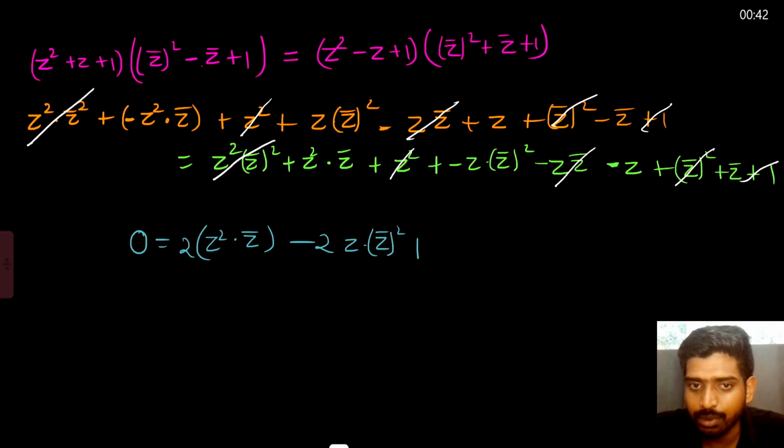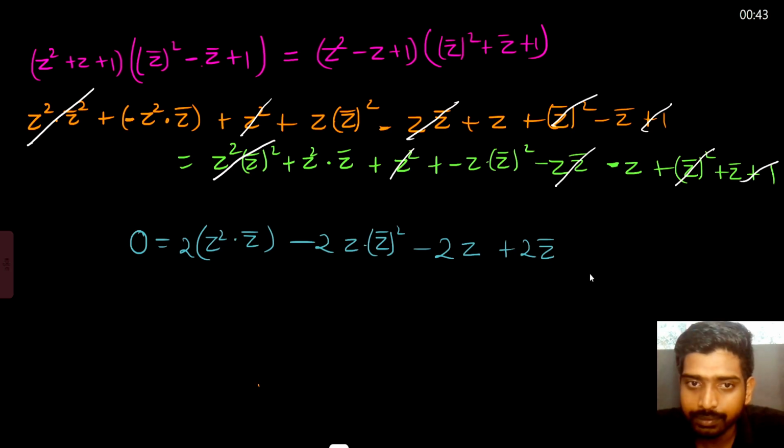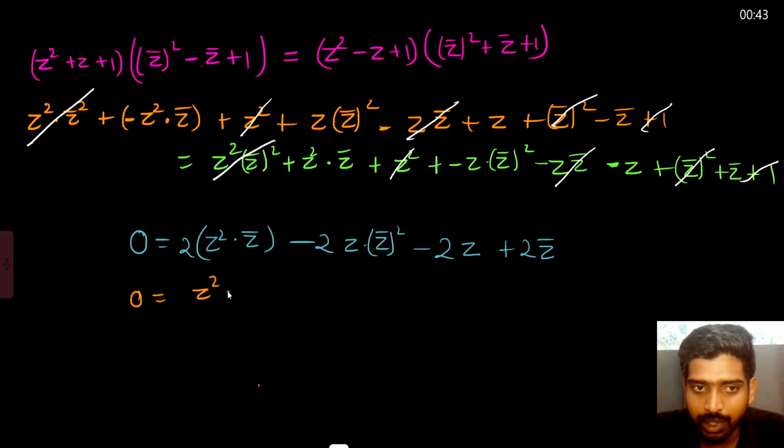Here we'll get minus 2z and plus 2z conjugate. Next, we'll take 2 common and send it to that side. So here we'll get 0 is equal to z square multiplied by z conjugate minus z multiplied by z conjugate square minus z plus z conjugate.